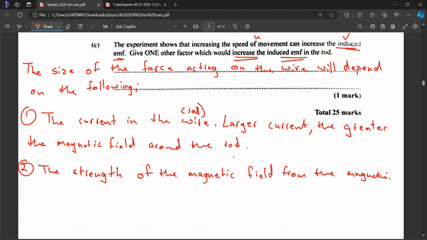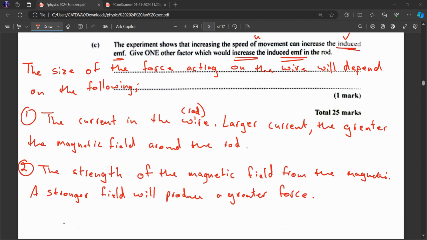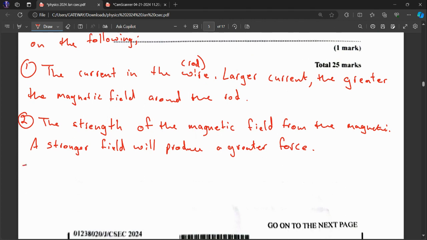So a stronger field will produce a greater force. Very important to note.